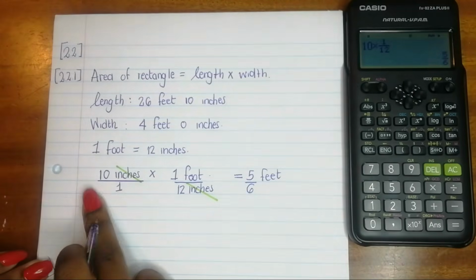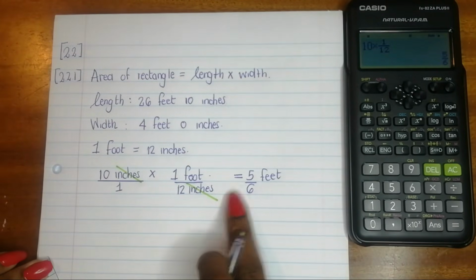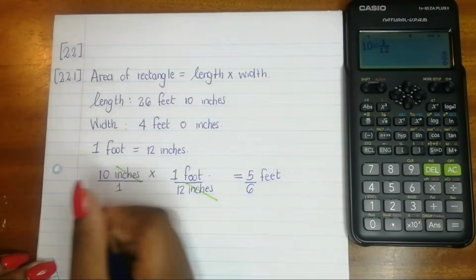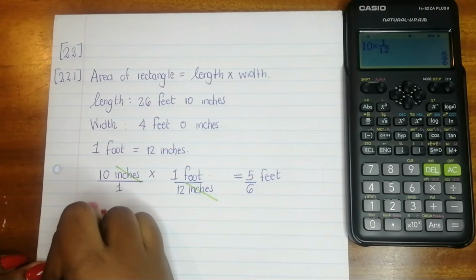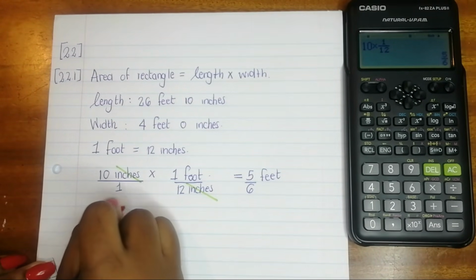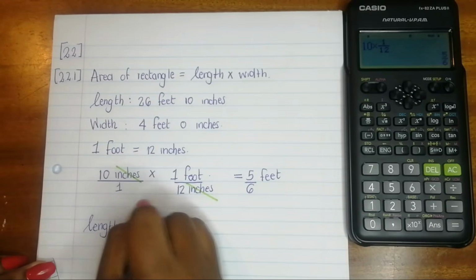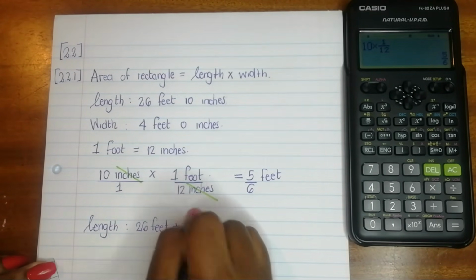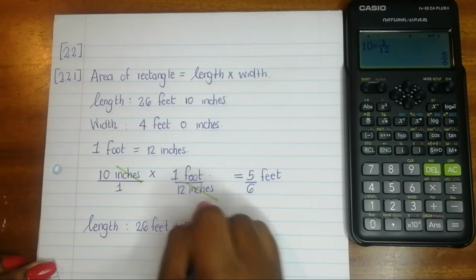So 10 inches is equal to 5 over 6 feet. What are we going to do now? The new length in feet is going to be equal to 26 feet plus that 5 over 6 feet.